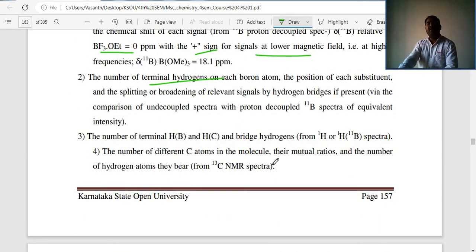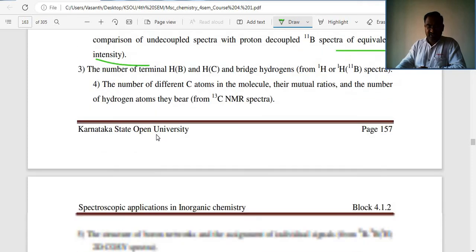The number of terminal hydrogens on each boron atom, the position of each substituent and the bridges if present, compared to proton-coupled and decoupled spectra, with proton-decoupled B-11 spectra of equivalent intensity.